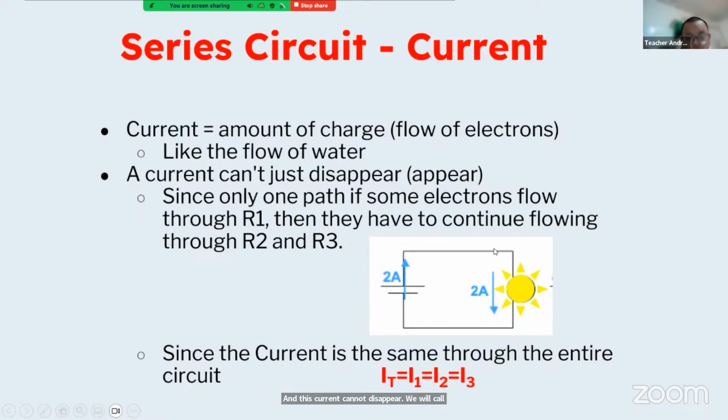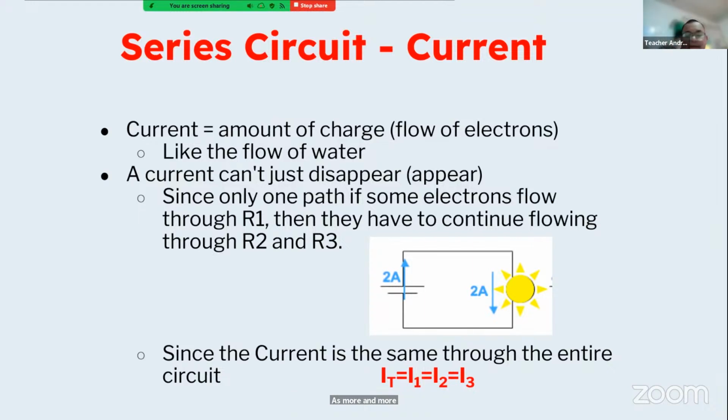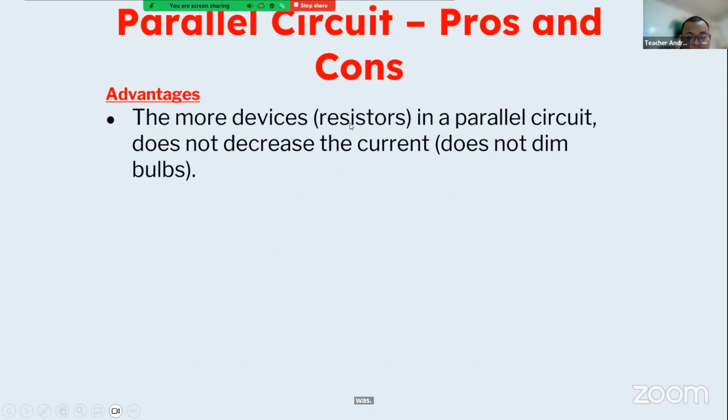It will continue to flow. Since there's only one path, this current will flow and pass through the light bulb, and it will go through the different light bulbs. As more and more light bulbs are added, the light bulbs will become dimmer and dimmer. So this is some of the problems that a series circuit will face.